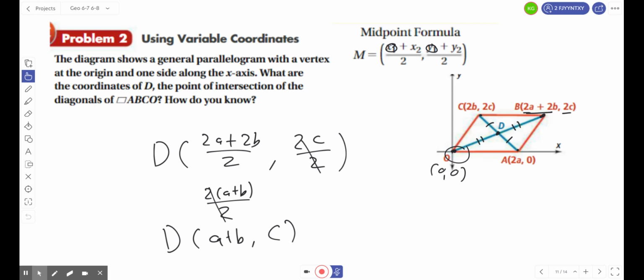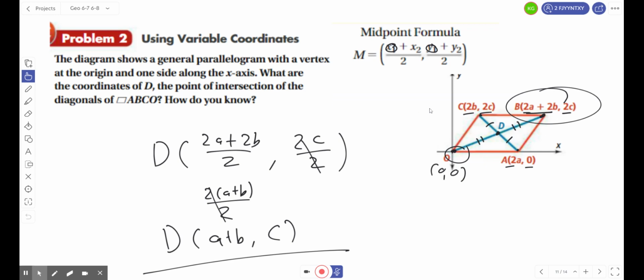And so all we had to do was just take this one and divide it by 2. So that was easy. We also could have plugged these coordinates in and found the midpoint of that other diagonal, and it would have worked as well. I'll let you try that if you'd like, and if you get this, you know you did it correctly.